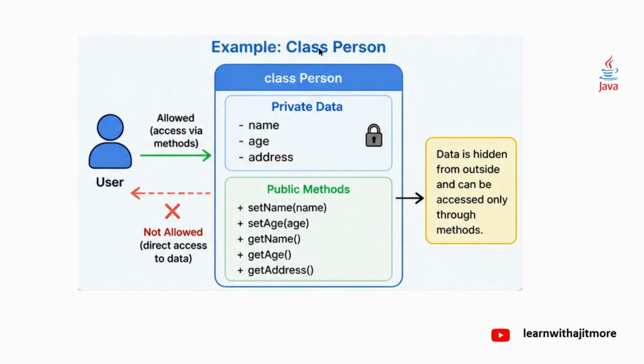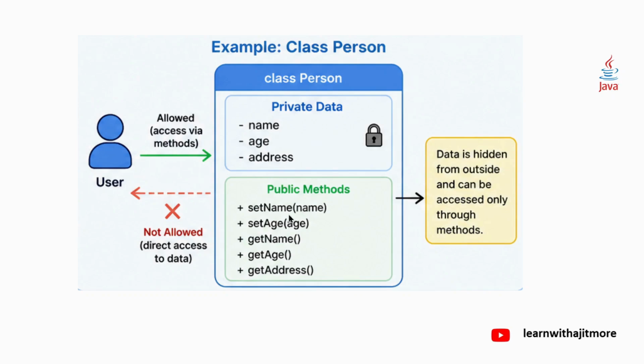So I'm taking an example of class Person. Person has its data like name, age, address, but the access specifier is given in such a way that it is kept private. As it is private, it is not directly accessible outside. And then there are some functions which are going to work on that data, like setters and getters.